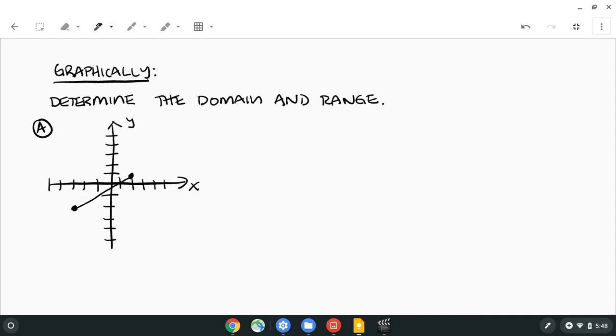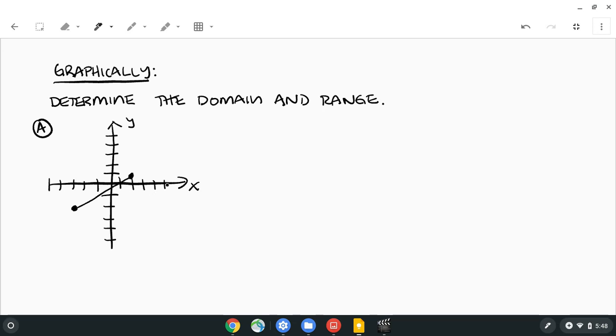All right, so here, when I am talking about domain, then I want to know from what x value to what x value. Okay, so remember, we want to start with the smallest x value. So we want to know what x values we're using to make this graph. Okay, so like clearly 1, 2, 3, 4, 5.